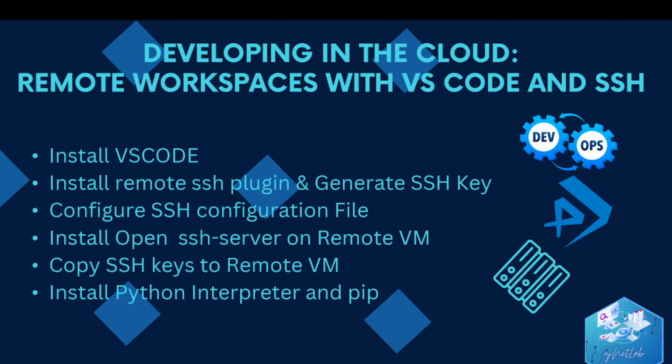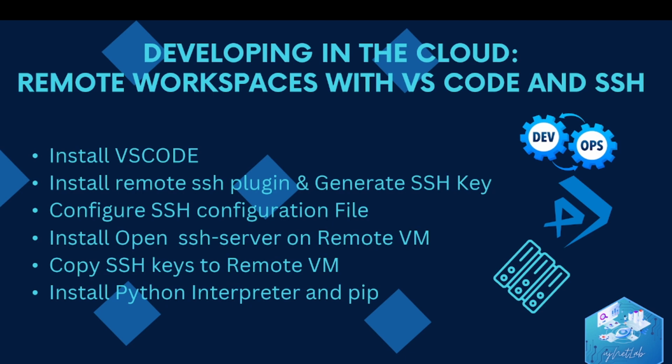Usually in the production environment or in the cloud environment, when you are coding, your code is saved on a remote machine. For that, VS Code is one of the good IDEs and is used very much. In order to connect seamlessly, you will not give the username and password every time, correct?